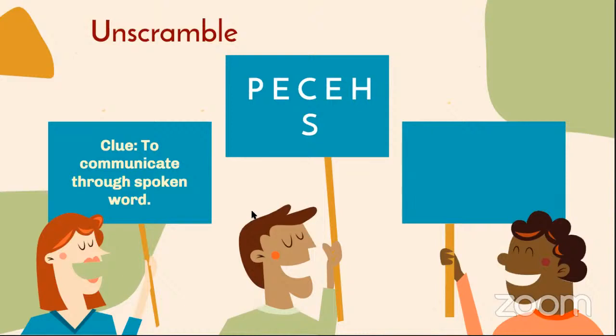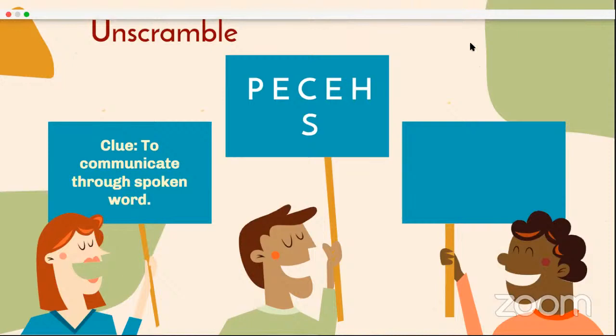All right. This next scrambled word. Your clue is to communicate through spoken word. Let's head over to Sarah. Is she unmuted?